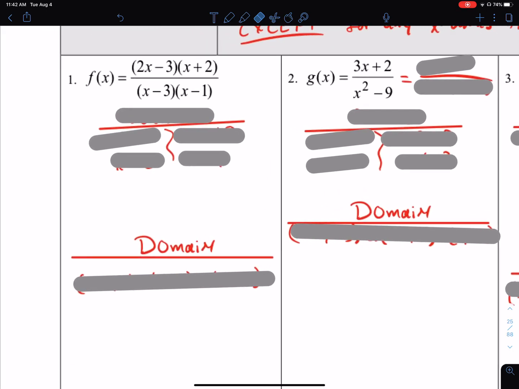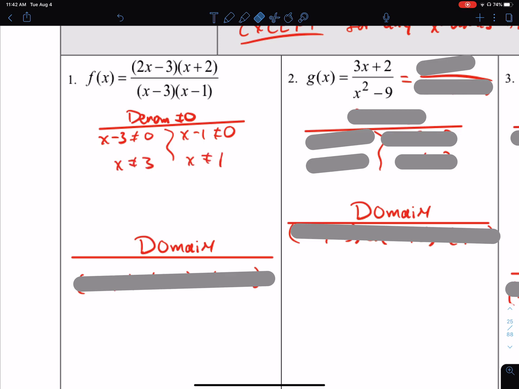Let's look at an example. Let's say the directions for this, which should be here, are to find the domain of this function. So what we do is we state the denominator cannot be 0. You factor the denominator. This is already factored for us. Set each factor and say each factor can't be equal to 0. x minus 3 can't be 0. x minus 1 can't be 0.